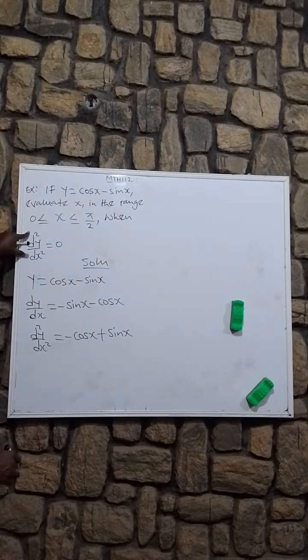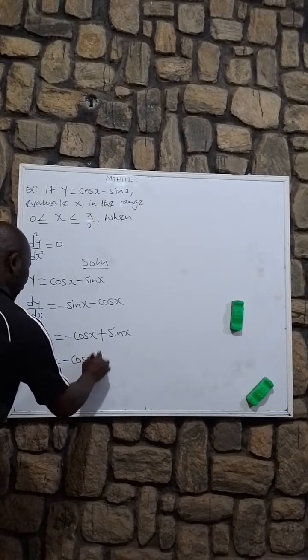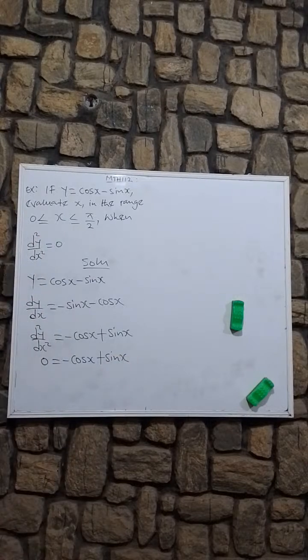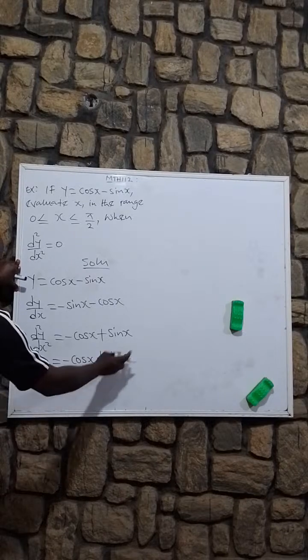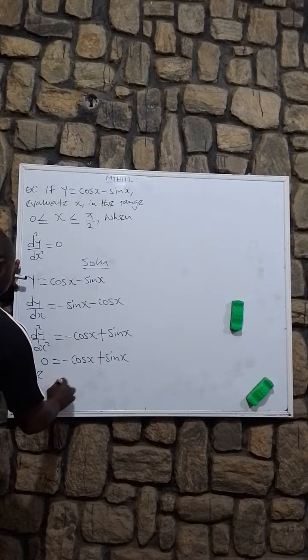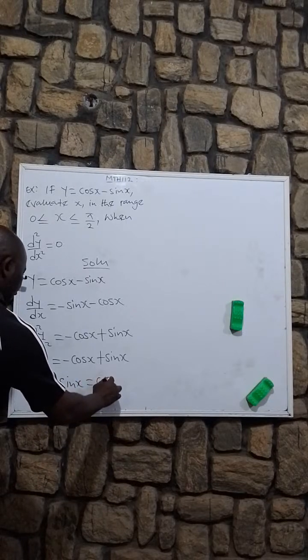But note that the second derivative is equals to 0. So this is equals to minus cos x plus sin x, right? Well, that is, if you make either sin x or cos x the subject of the formula, sin x is equals to cos x.